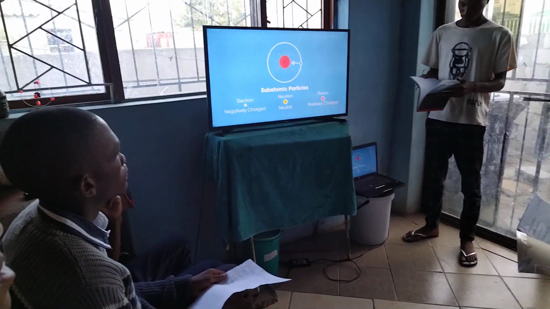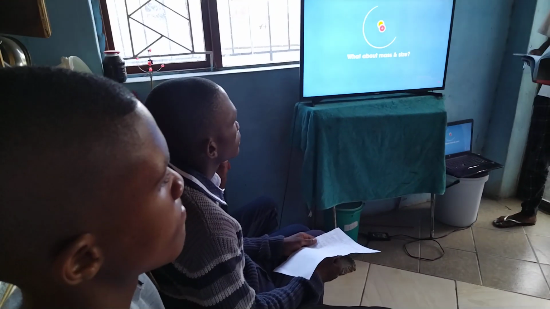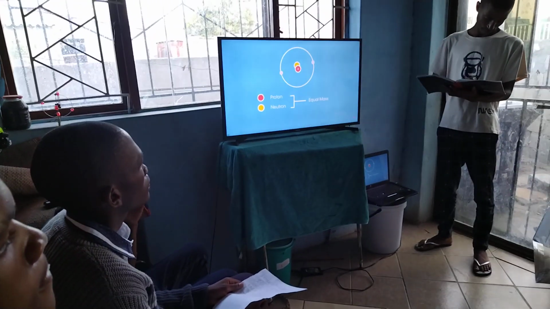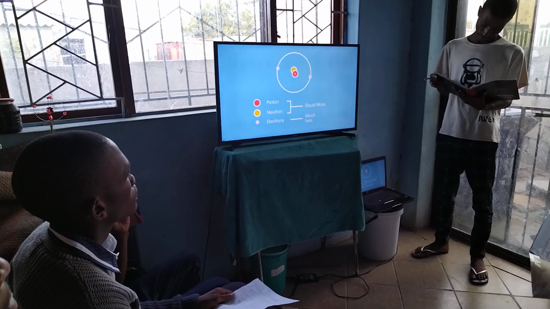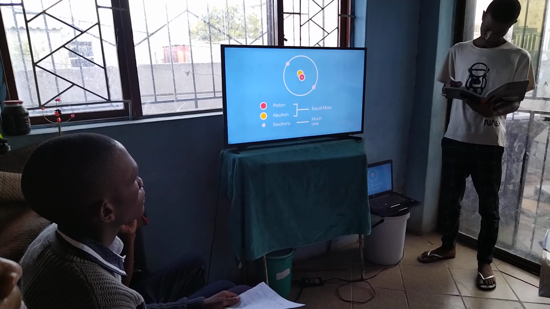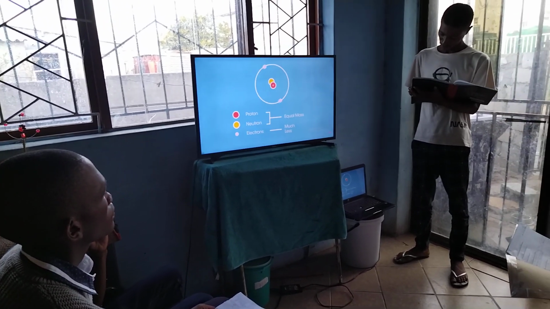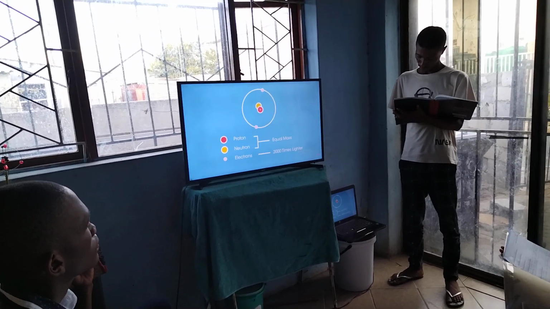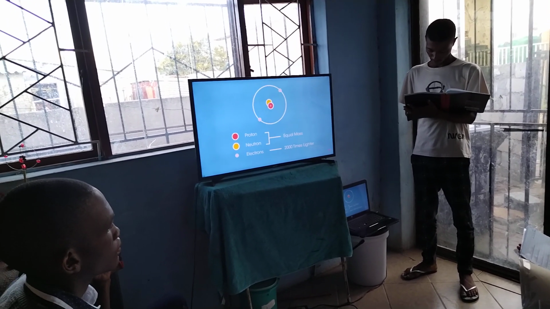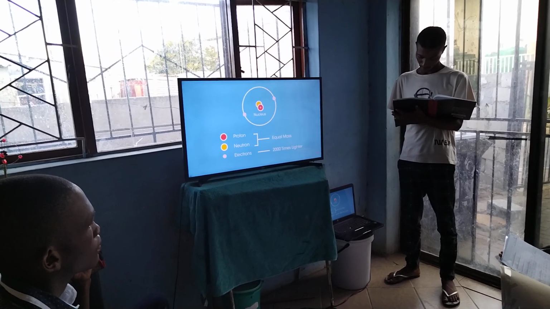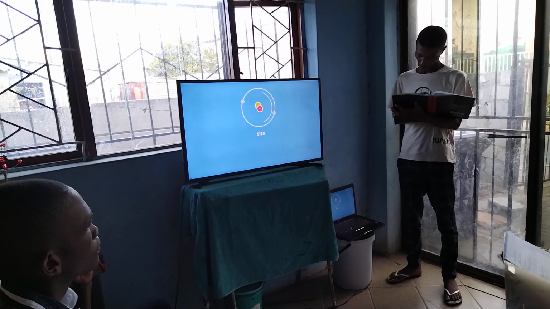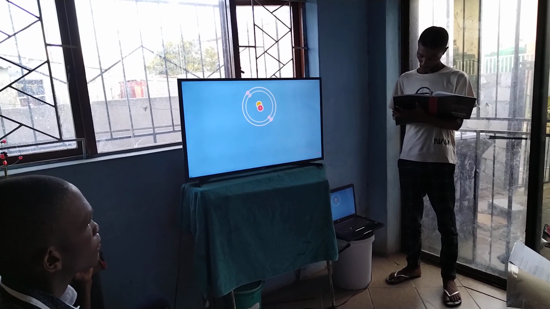So that's the general structure of an atom. What about its mass and size? Protons and neutrons have the same mass, but electrons are so small they weigh almost nothing in comparison to protons and neutrons. In fact, they are around 2,000 times lighter. As a result, the mass of an electron is concentrated at its nucleus. So that's the mass of an atom. Let's talk about its size. One way to describe the size of an atom is its radius.